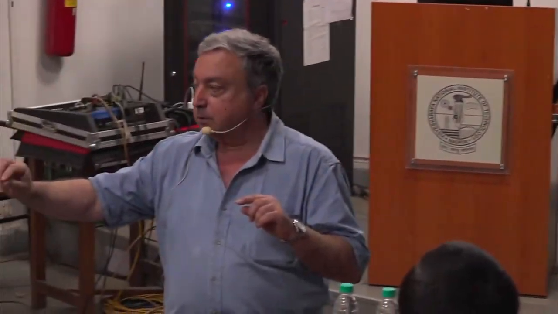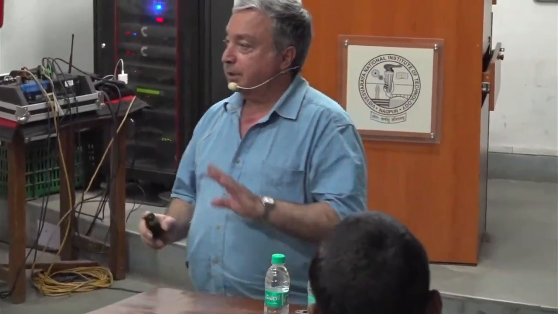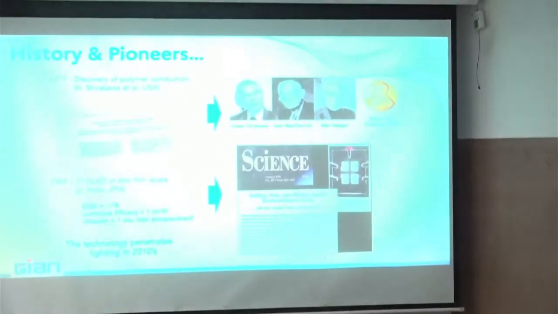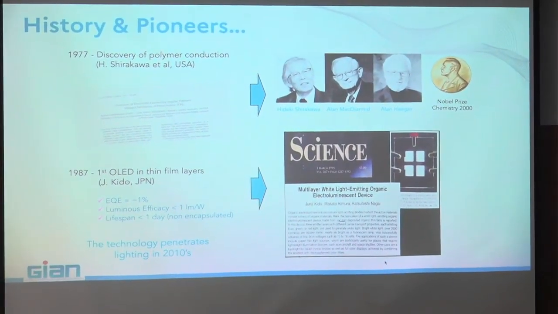There is no continuous flow of electrons, but electrons jumping from one molecular orbital to another. It is not the same physical mechanism for the conductivity, but you have a conductivity, and those three guys got the Nobel Prize of Chemistry in 2000 for this discovery.